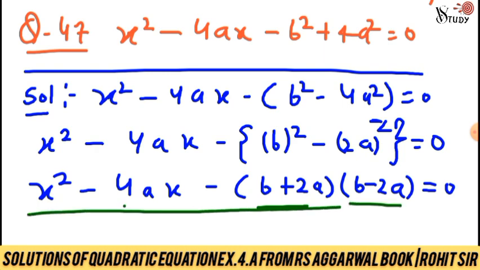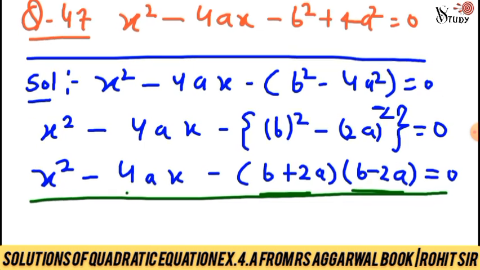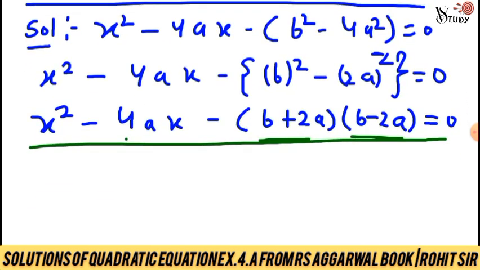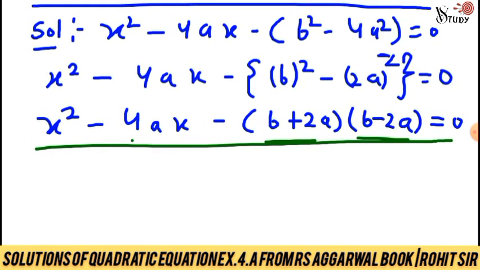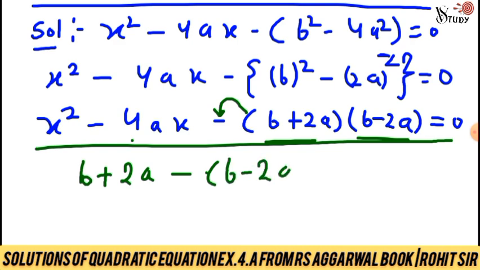Now prepare our basic strategy. Let's discuss our basic strategy. The sign of the constant term here is negative. Then we take a positive 2a and from it we are going to subtract b minus 2a.